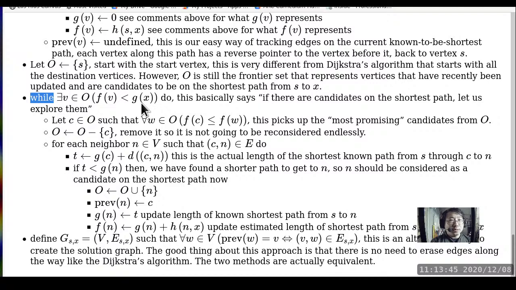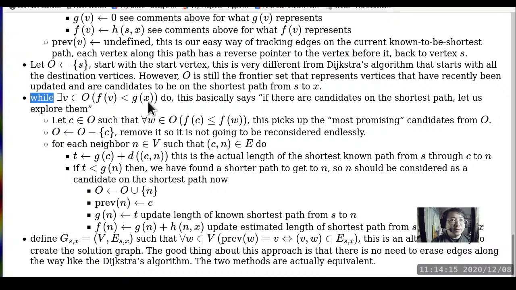G of x is relatively easy to understand because the g value of any vertex is the length of an actual, quote unquote, shortest path from the starting point to that particular vertex. Vertex x is the destination. So g of x is really just saying, okay, this is the length of the currently known shortest path from the starting point to the destination.